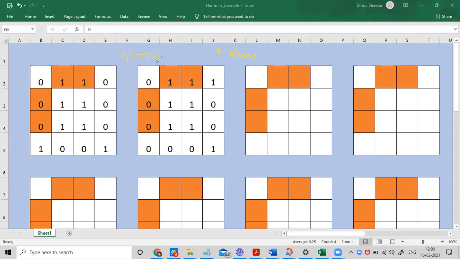Now again, when we take the parity check at position 8, that is 2 power 3, what do we get? Again, the count is 3. And again, we come to the point where we can say that the error is at position 3, 4. So by intersection, we can say that the 4th row is having an error.